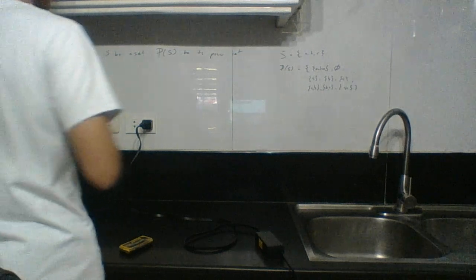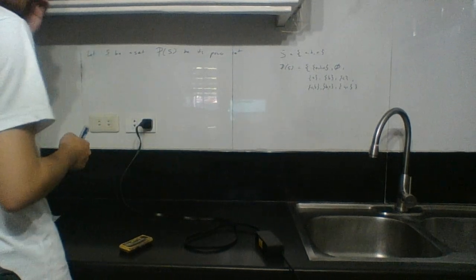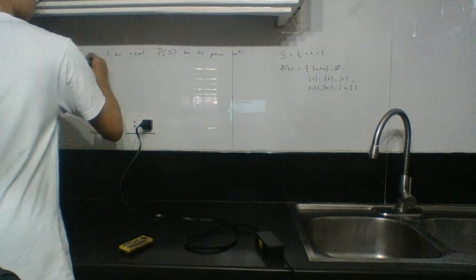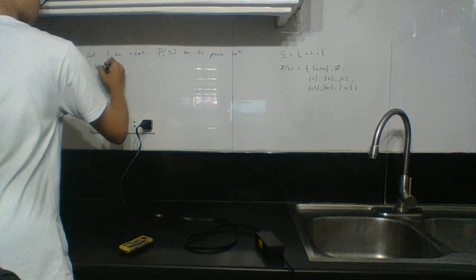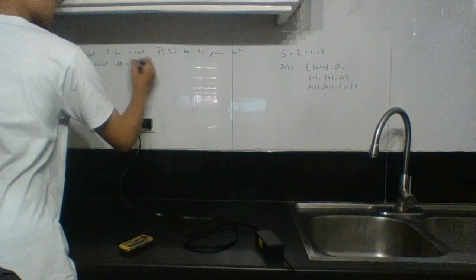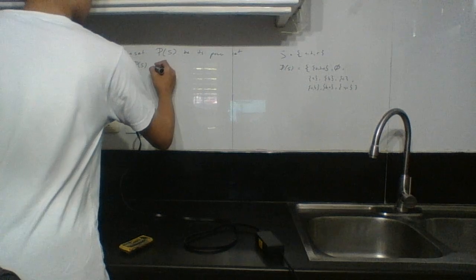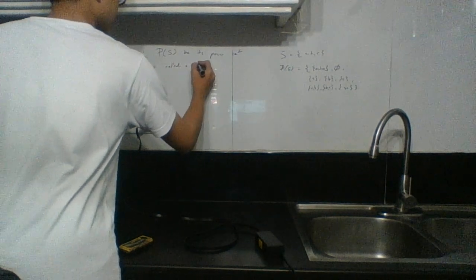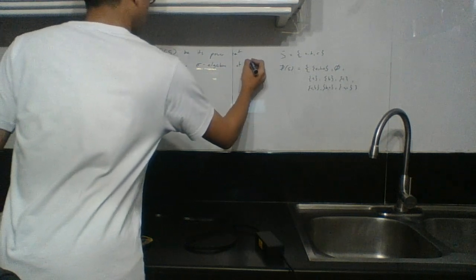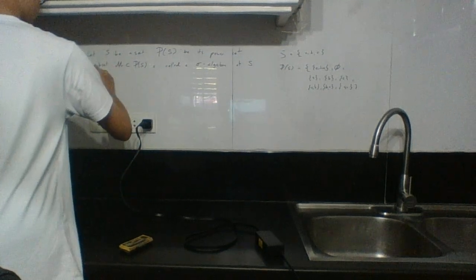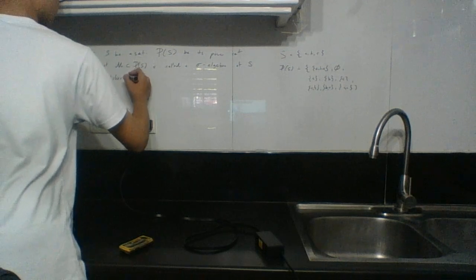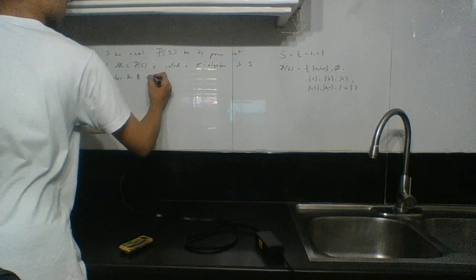A subset of the power set of S. We're taking some collection of subsets from S. A subset, I'll call it mathcal M, inside mathcal P of S, is called a sigma algebra of S if and only if it satisfies the following conditions.